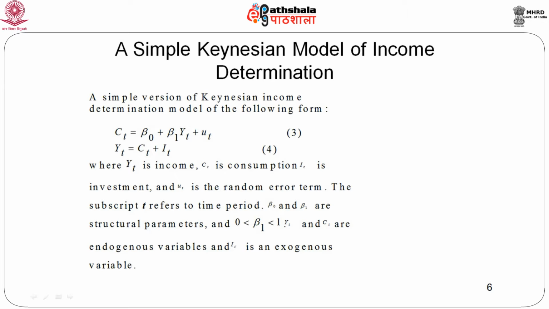In equilibrium, y_t equals consumption plus investment, where investment is exogenous to the model. The coefficient of the income variable in the consumption equation is known as the marginal propensity to consume, and you assume it is less than 1, that is, it lies between 0 and 1.